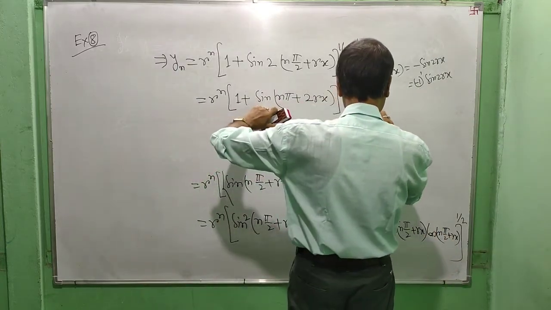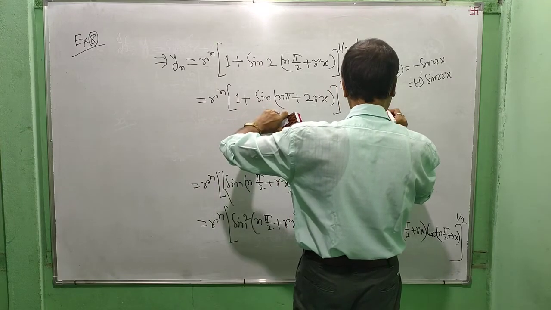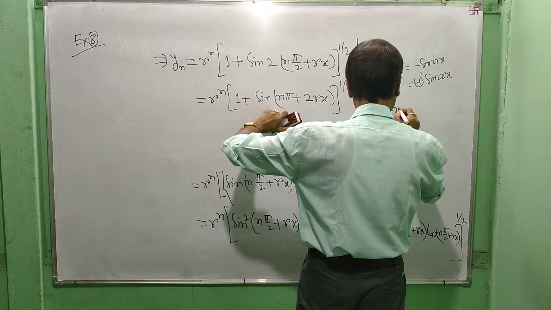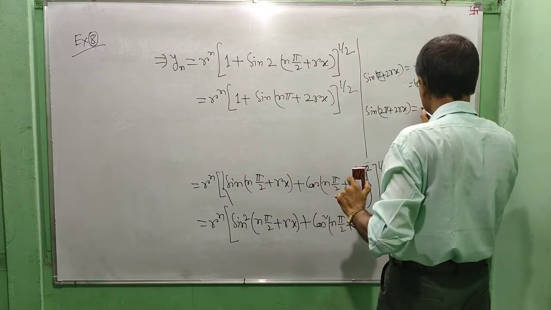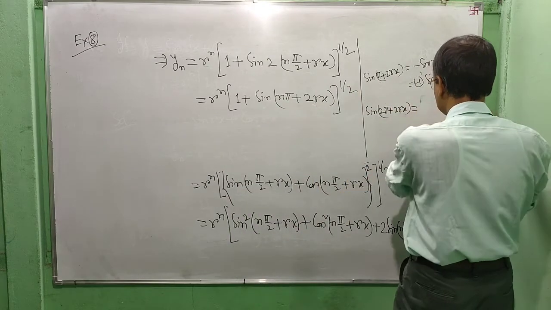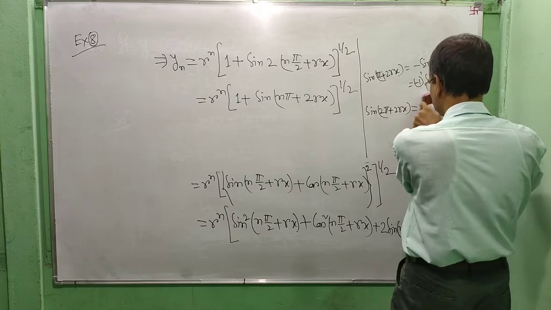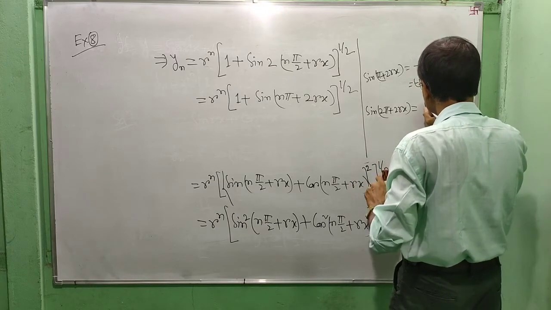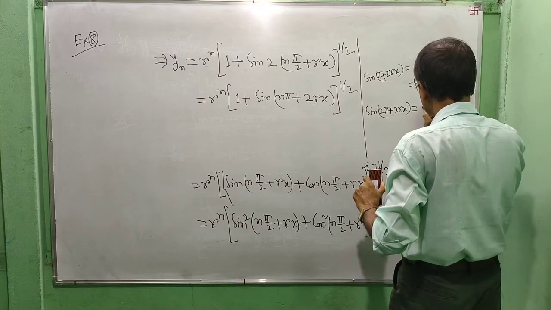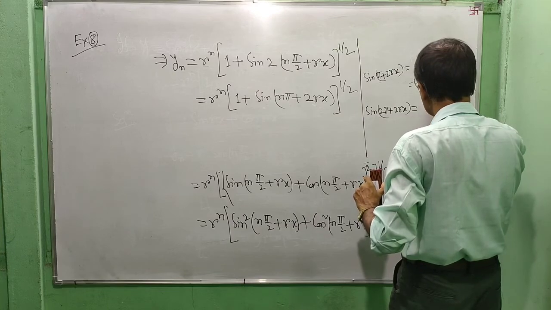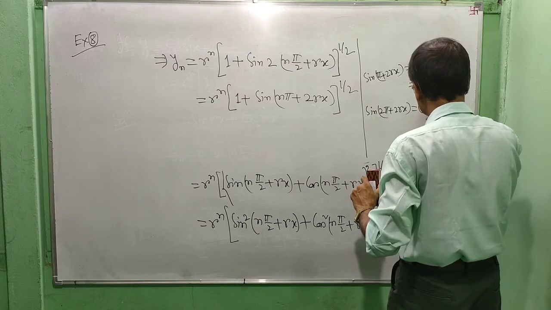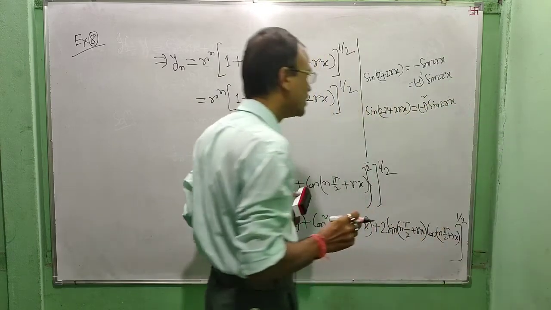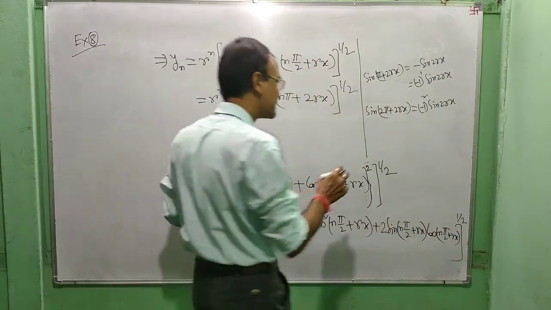If it is 2, sin(2 pi plus 2Rx) is plus sin 2Rx, which can be written as (minus 1) square sin 2Rx.